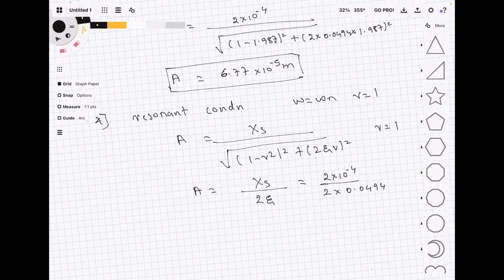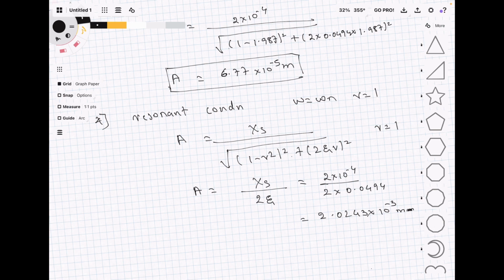So what you will be getting here is 2.0243 into 10 to the power minus 3. To check, it is not mm, it is meter. Okay, it is the meter value.